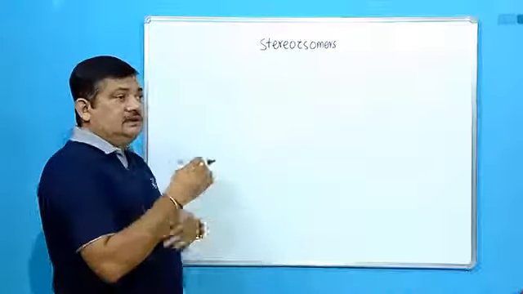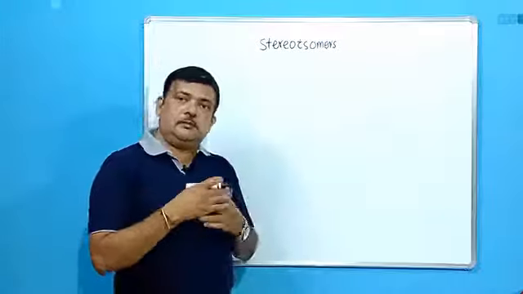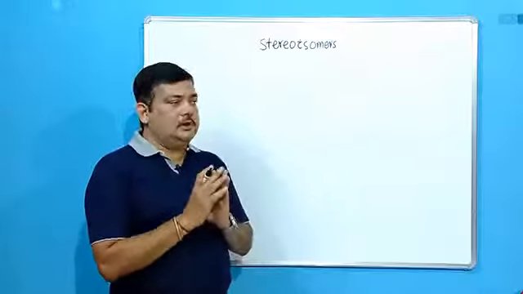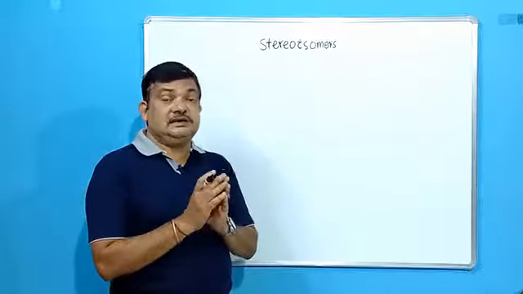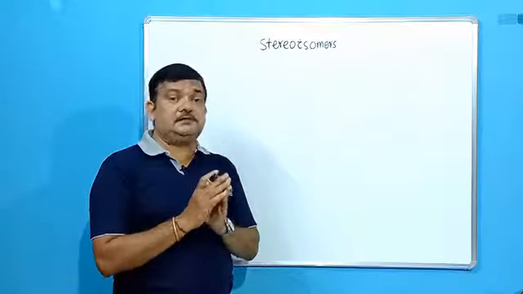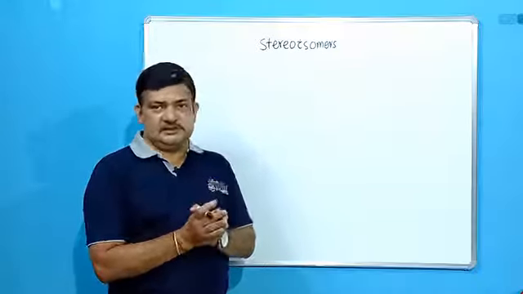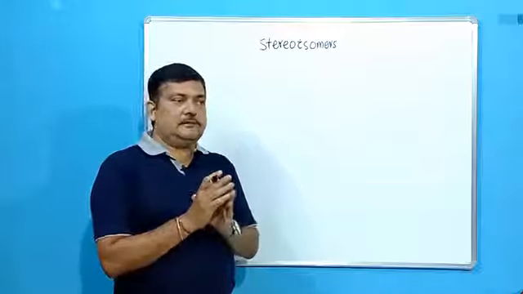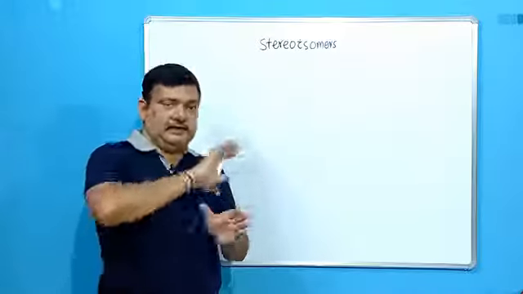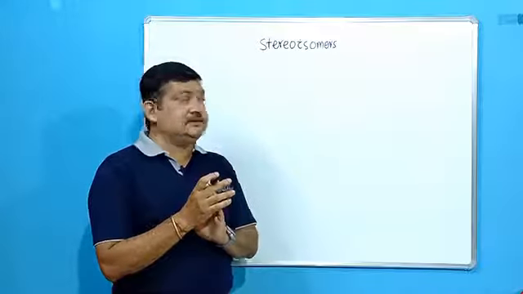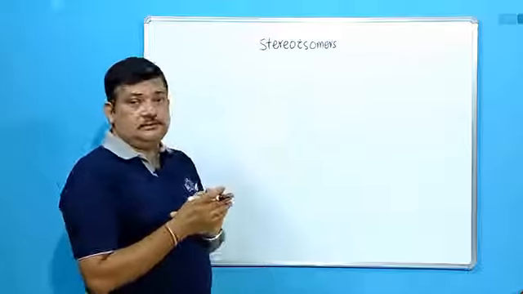This means these compounds have the same molecular formula, but different spatial orientation of their functional groups in space. Okay. So same molecular formula having different orientation of the functional groups in space are known as stereoisomers.